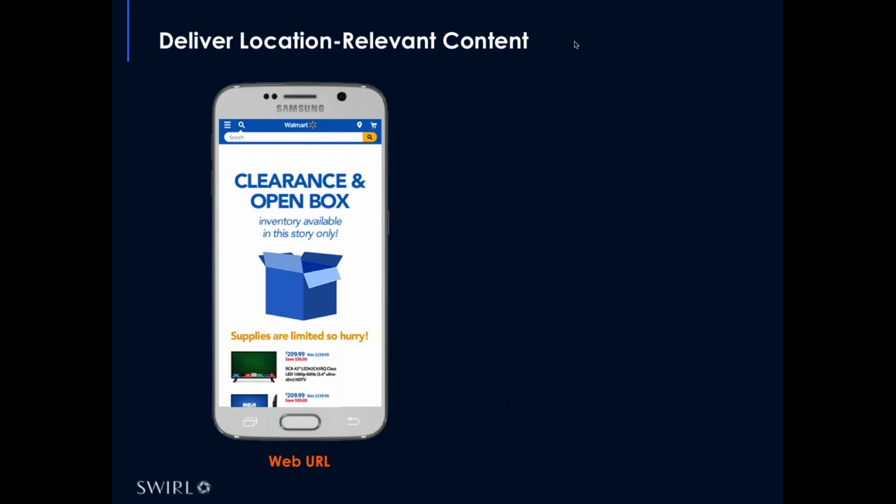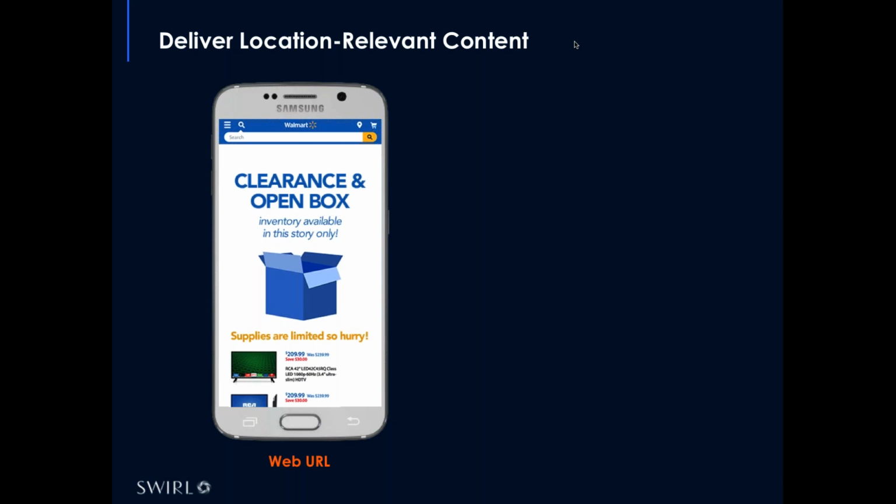So some specific examples of how this might work. Take clearance and open box inventory, for example. This is one of the hidden assets that's more liability, frankly, at most retail stores. But one of the things that Google Nearby could be used for is to turn this into a really interesting engagement mechanism and value creation opportunity for retailers and consumers.